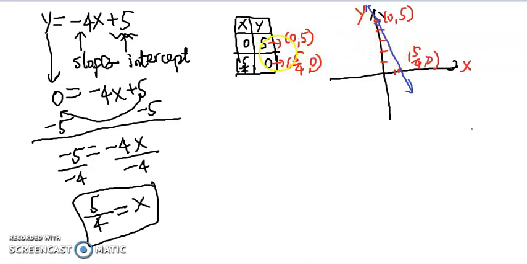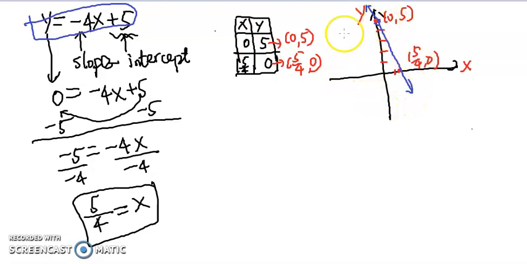Geometrically, they are two points, but algebraically, they are solutions of this algebraic equation. When we join them, we get a line which represents infinitely many points, and algebraically, these correspond to infinitely many solutions of this equation.